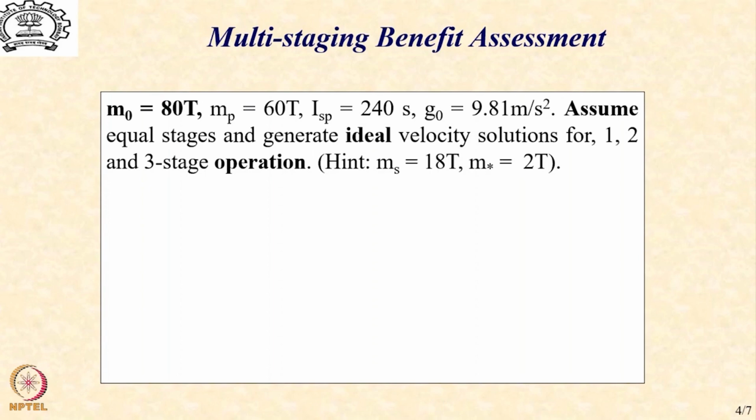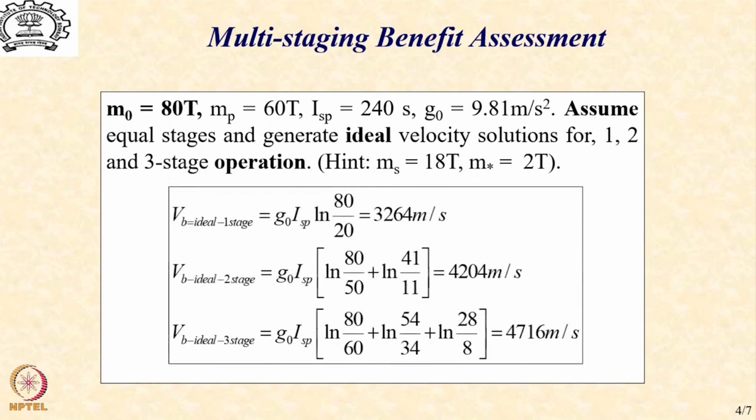And if I divide this into 3 equal stages, each stage will contain 20 tons of propellant and 6 tons of inert mass. And let us now use the simplified ideal burnout velocity expression just to understand how it gets impacted by performing this particular split.